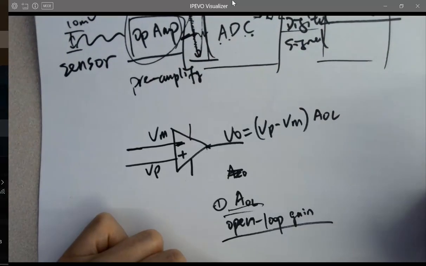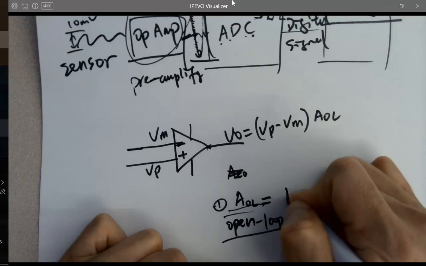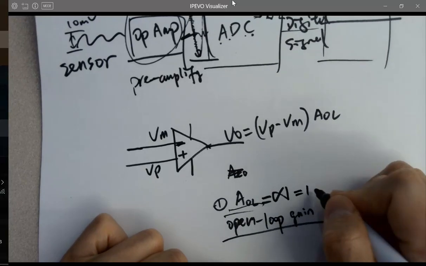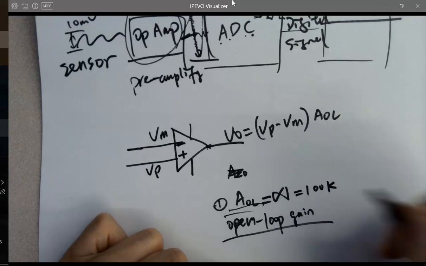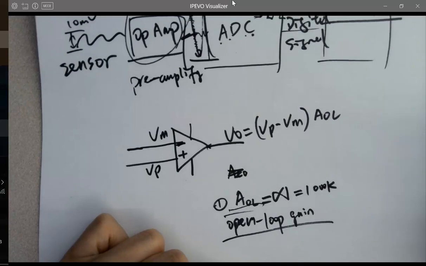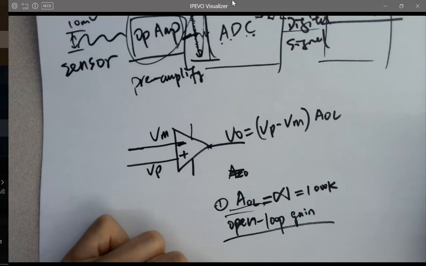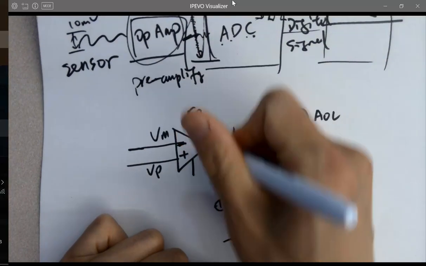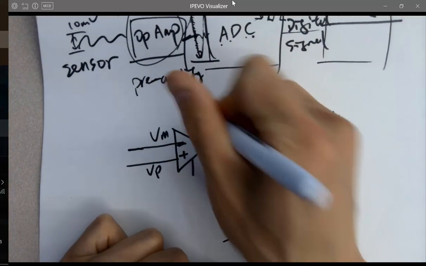You'll see. And this one ideally is infinite. For example, 1 million, just 1,000K. Okay, so it's huge. But you only have a rail-to-rail power supply, for example, 5 volts. Why do we like 5 all the time?